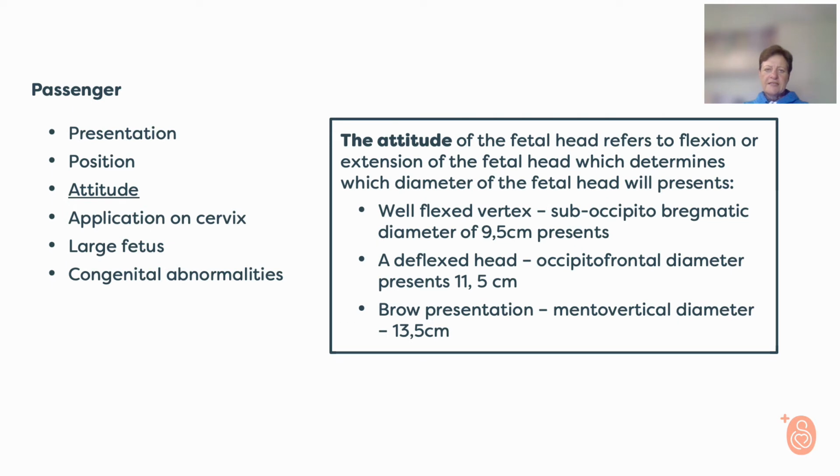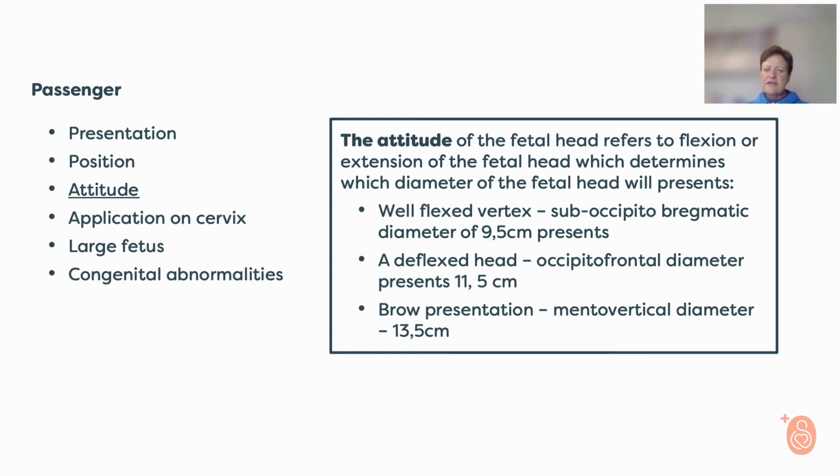When we look at the attitude of the fetal head, we refer to whether the fetal head is in flexion or extension in the uterus, and that determines the diameter of the fetal head that will present. So when the vertex presents and the head is in flexion and the baby is literally with his chin on his chest, 9.5 centimeters is the diameter that presents, while in a deflexed head, it is 11.5 centimeters, and in the case of the brow presentation, it's 13.5 centimeters.